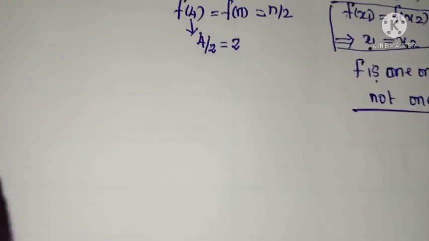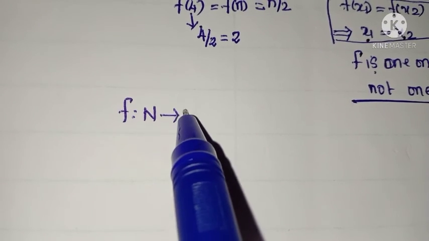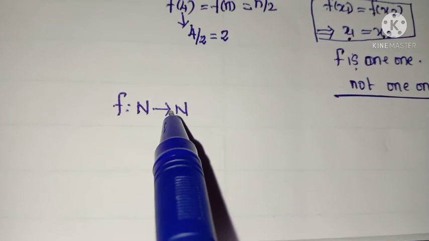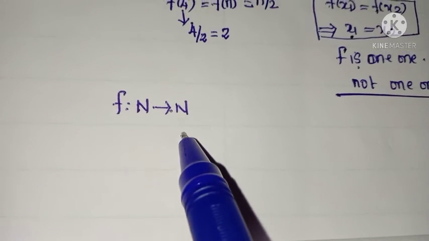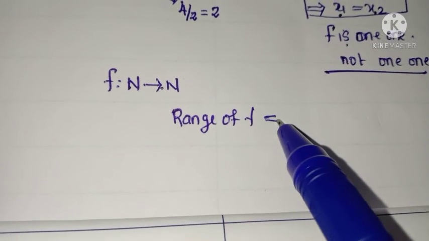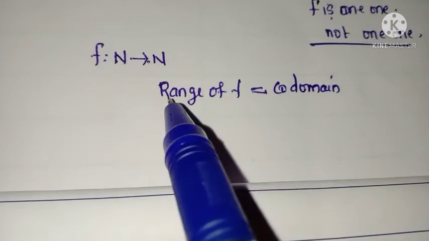Now what about onto? See, here the function is defined from N to N. So listen, it's very important. To prove onto, we want to prove that the range of the function f is the same as the codomain. That is an important result.